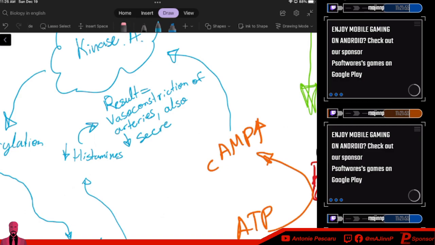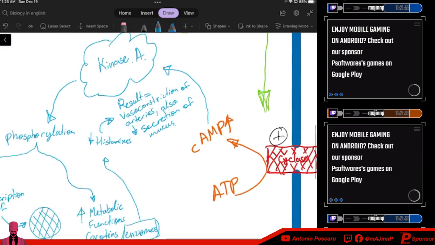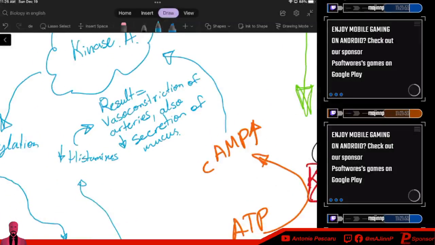the diminution of secretion of mucus, because histamines, what they do, they're secreted by special cells found in the lungs. They're going to secrete this substance called histamines.